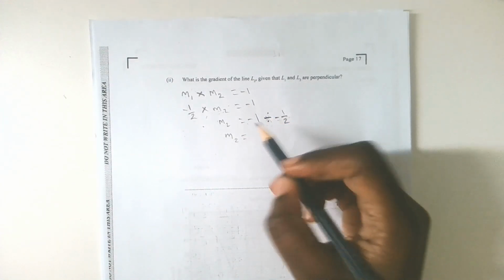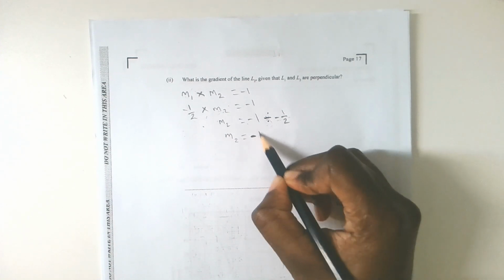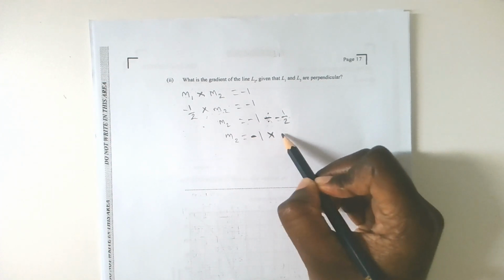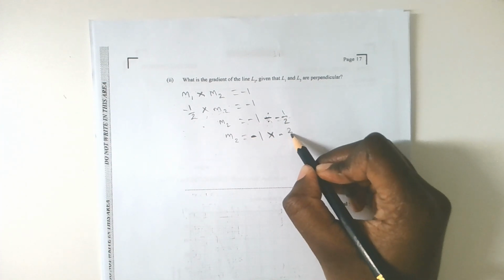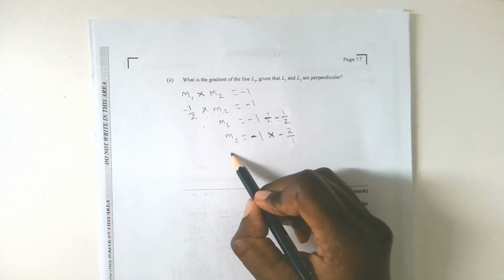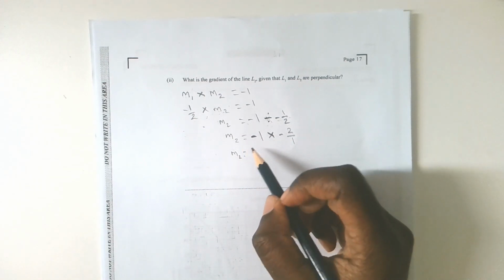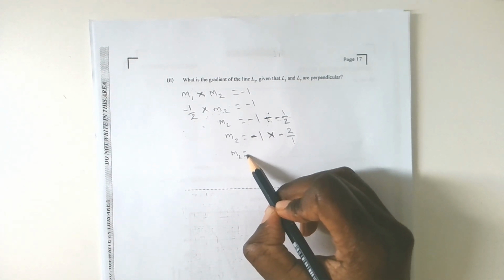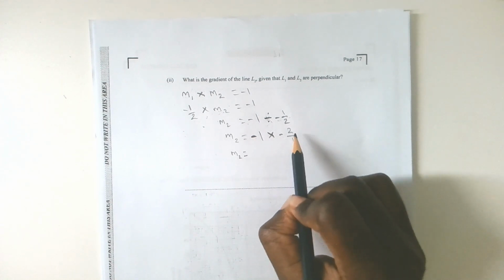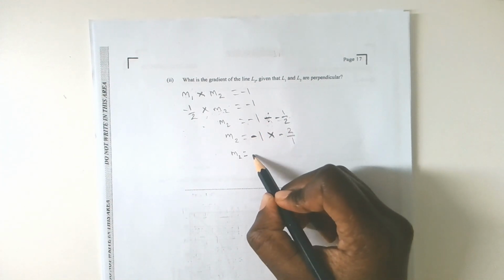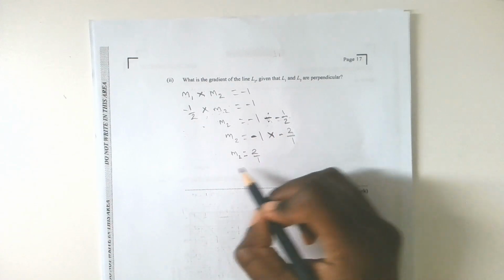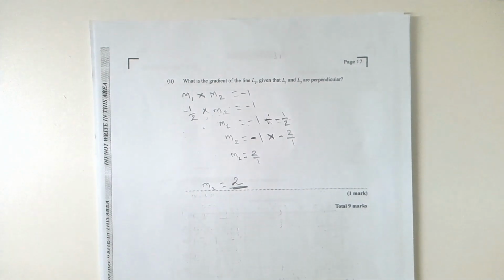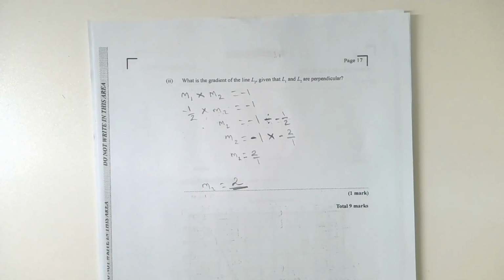When we're dividing fractions, we change it to a multiplication, which means we flip our fraction, giving us 2/1. So M2 is equal to 2, which is the gradient of our L2 line.